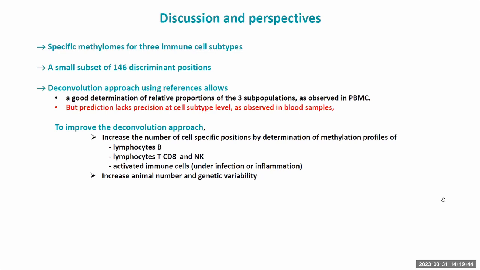But the prediction lacks precision at the cell subtype level, as observed in blood samples. To improve the deconvolution approach, we propose first to increase the number of cell-specific positions to have better power, and also to increase the animal number and the genetic variability in the next experimental design. Thank you for your attention.